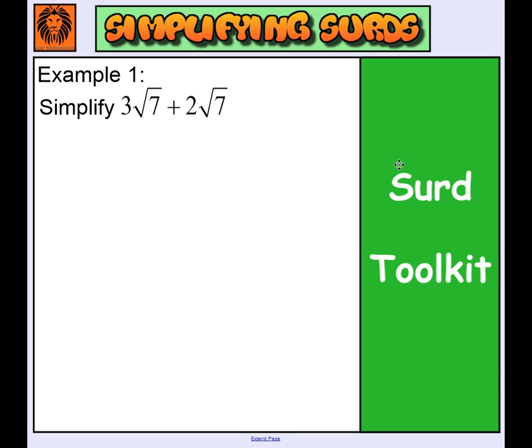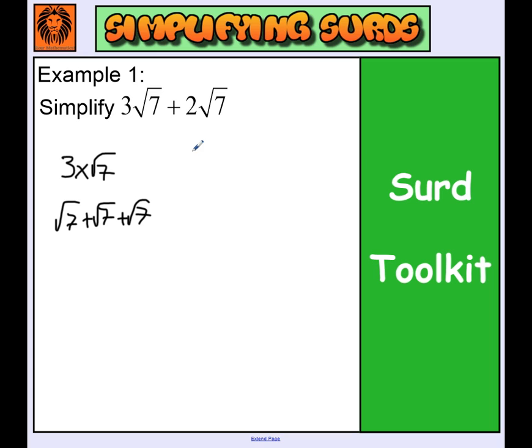Looking at our first example, we need to simplify 3 root 7 plus 2 root 7. So this means that we have 3 lots of root 7. You could also think of this as root 7 plus root 7 plus root 7.